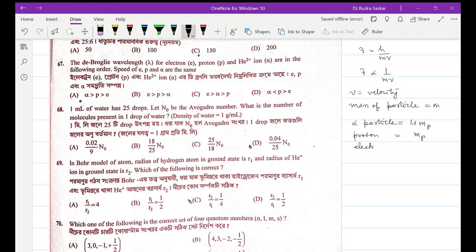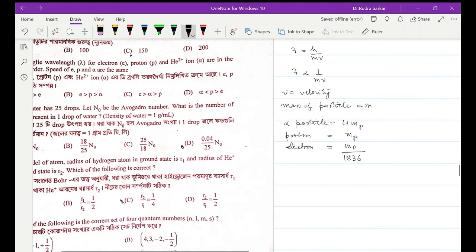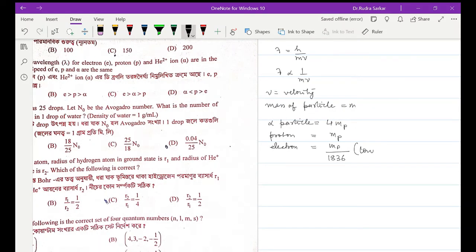For electron, we will say this has to be almost like 1/1836. See, so the mass of the electron is the lowest. Okay, so we compare mass of electron, proton, and alpha particle. This is the lowest, and this is the highest.